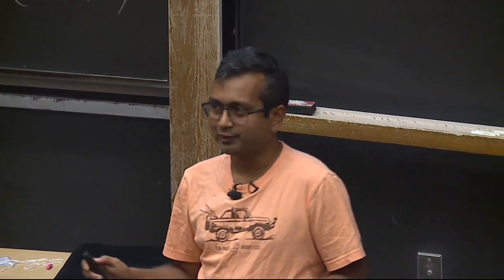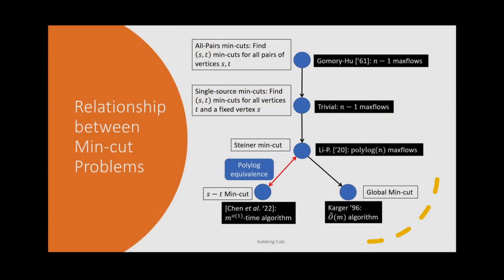Let's go even further. And now let's ask for all pairs min cuts. So now I don't even give you a source. For every pair of vertices, you have to report some min cut, or at least the value of the min cut. So connectivity for all pairs. Now interestingly, here the naive algorithm takes n squared max flows.